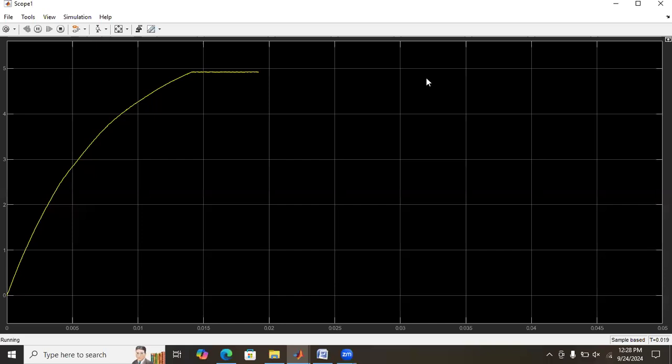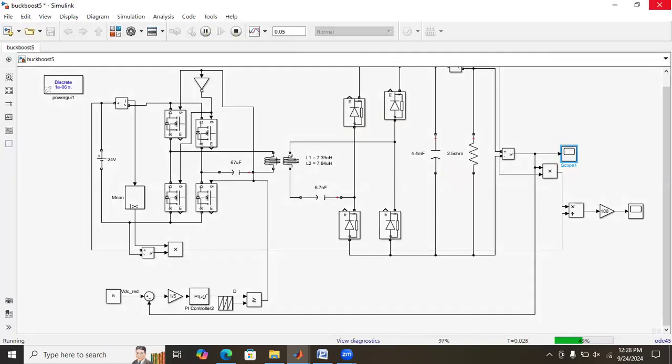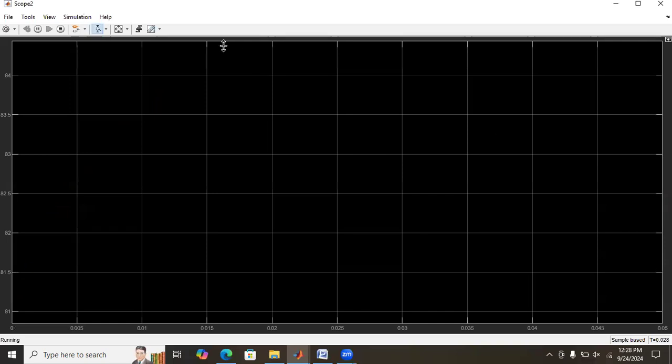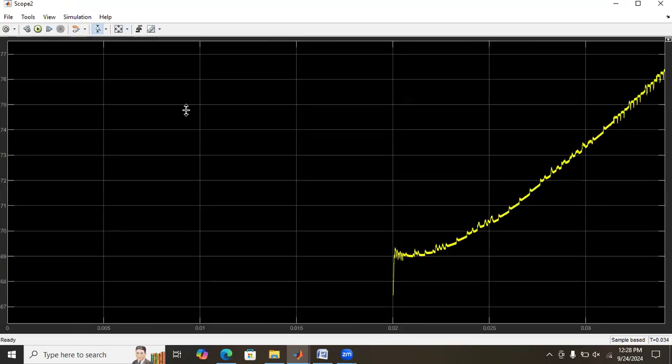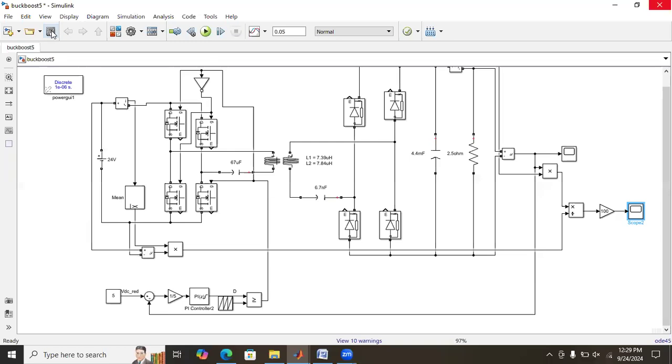Okay, the load voltage is again 5 volt. 26%.